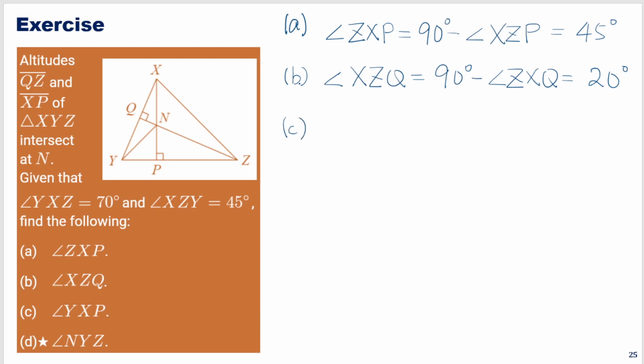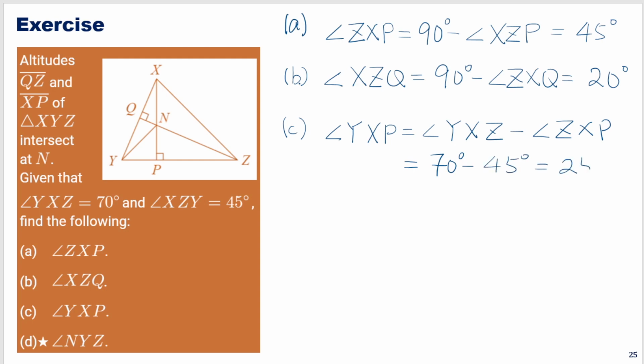And question C, we could use either right triangle XYP, or we could use angle ZXP and angle YXZ. For example, angle YXP equals angle YXZ minus angle ZXP, right? And this is 70 degrees minus 45 degrees, which gives us 25 degrees.